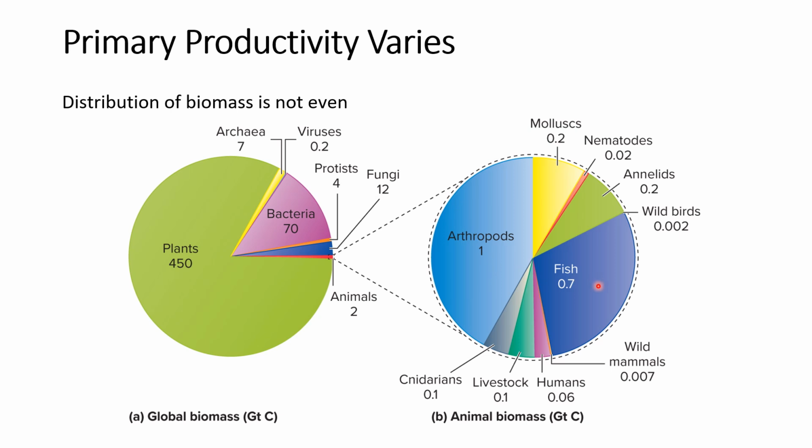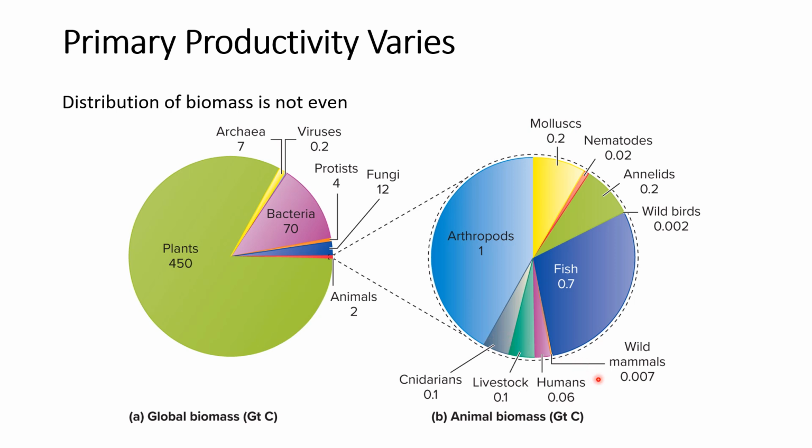Fish are also really abundant. Fish are very numerous in lakes and oceans as well. And we can see worms and mollusks make up a big part. Cnidarians would be jellyfish, and unfortunately this level is growing because as we overfish the ocean, we're starting to see more cnidarians come into play and take over the ocean.